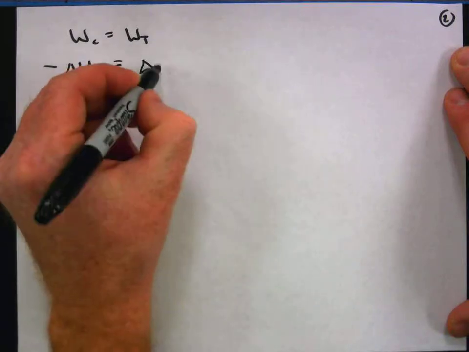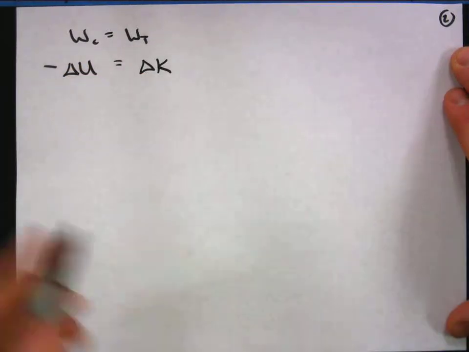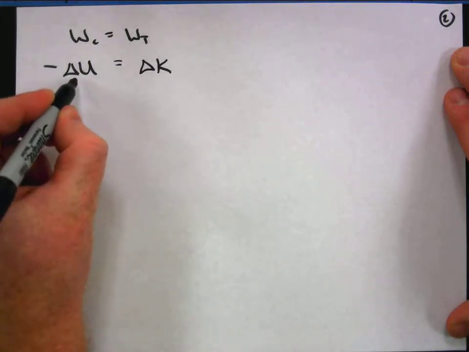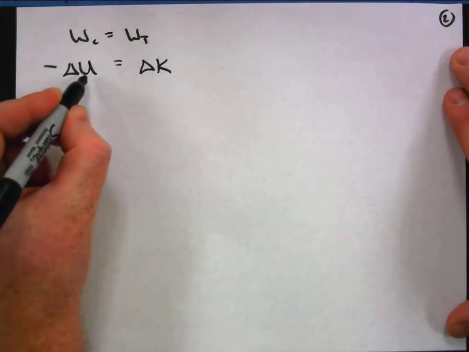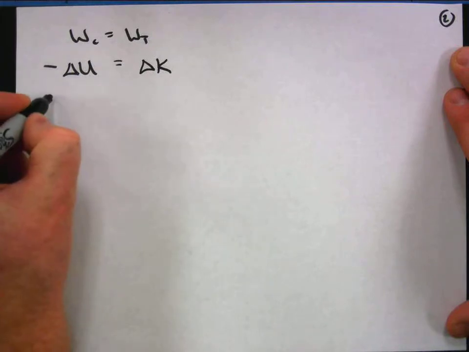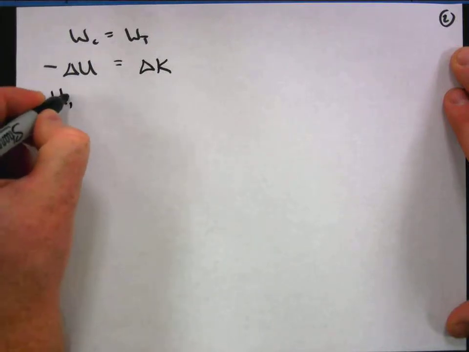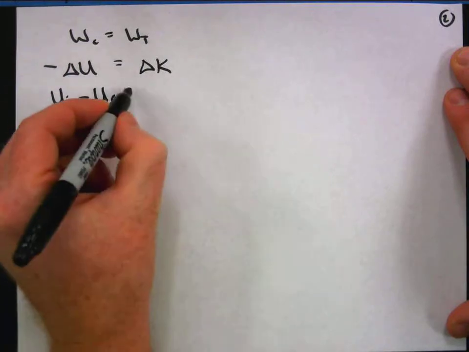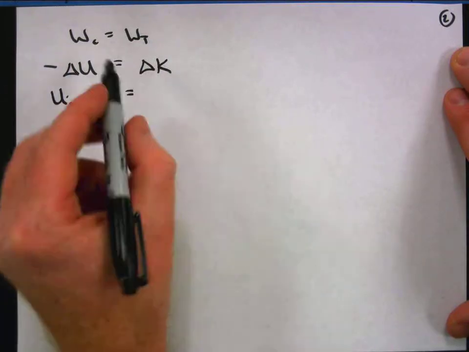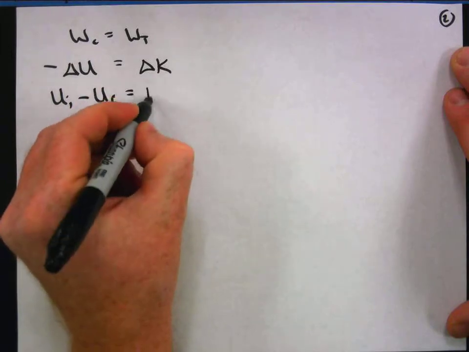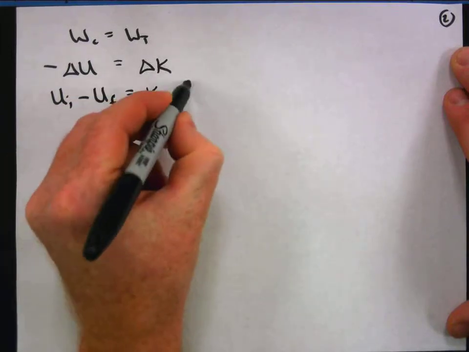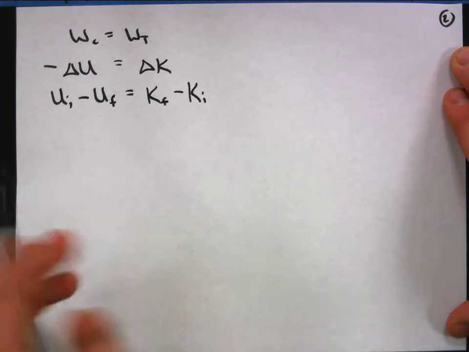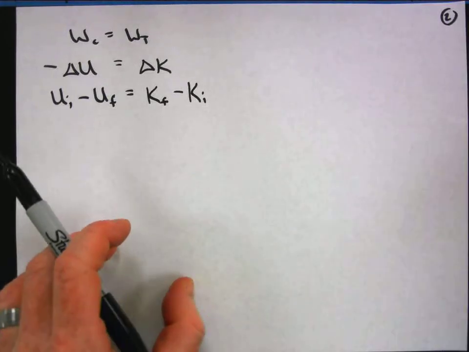The opposite of delta U, which is just a final U minus initial U, is going to be our initial minus our final potential energies. The change in kinetic energy is going to equal the final kinetic energy minus the initial kinetic energy. And what's interesting is we're going to end up coming back to this basic statement about total mechanical energy here.